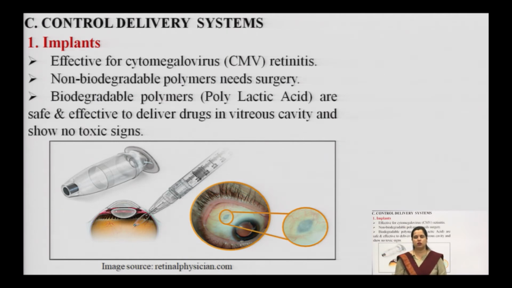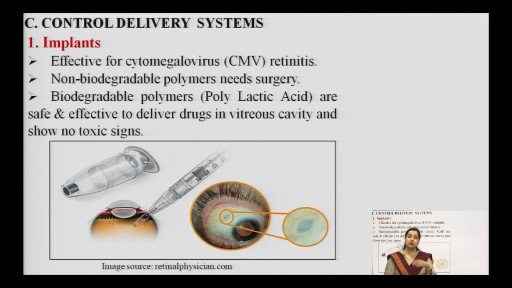So, these are non-biodegradable polymers and need surgery to remove after the treatment. Yes, these implants for CMV retinitis are made up of non-biodegradable polymer. That means they need to be removed after the treatment or therapy.